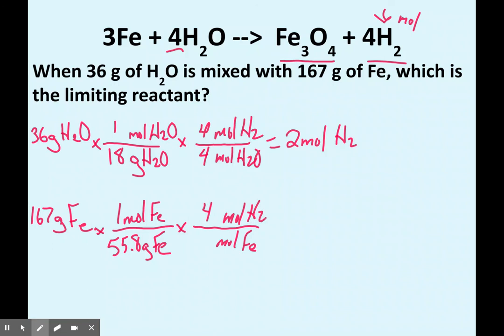So there's 4 to 3. And so we're going to solve. So 167 divided by 55.8 times 4 divided by 3 gives me 4 moles of H2. So my limiting, for which produces the least, is going to be the 36 grams of water.